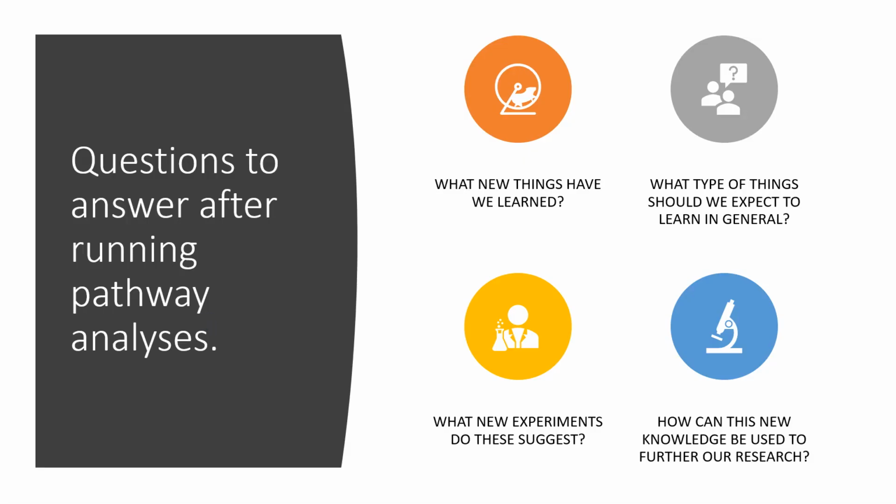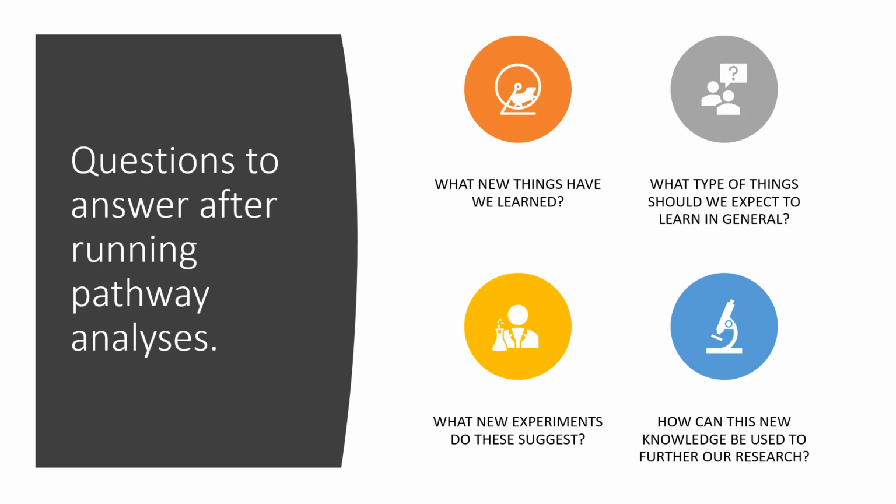Once we've run these pathways, there are certain questions we can answer, and those are dependent upon what type of analysis or what type of questions we were answering before that. So depending on the type of data we had and the type of questions we asked with the pathway analysis, we can look at the new things we have learned by incorporating all that data that we input into the pathway analysis software.